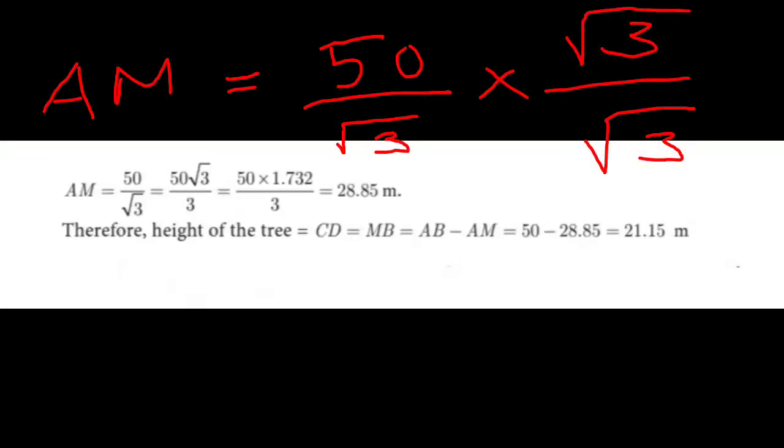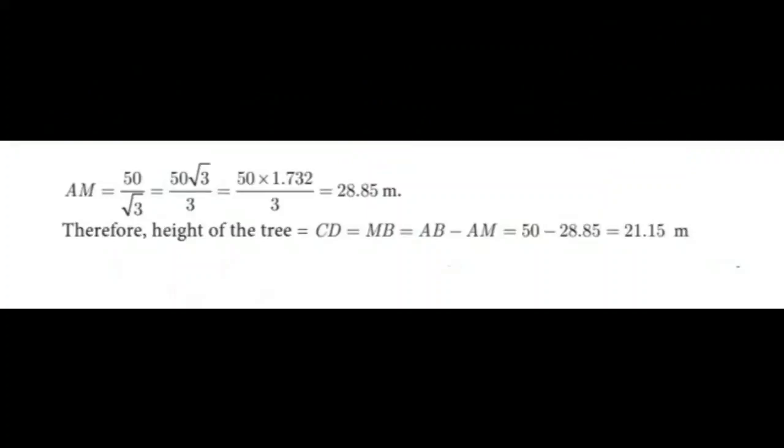Then AM is equal to 50 divided by root 3 into root 3 divided by root 3. Here multiplying root 3 on numerator and denominator. So AM is equal to 50 root 3 divided by 3, since root 3 into root 3 is 3.